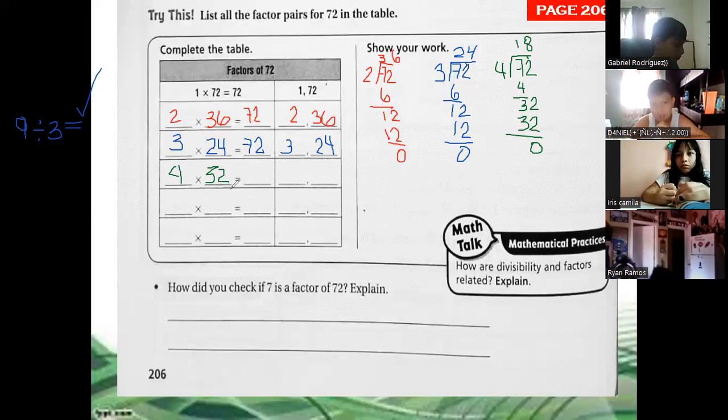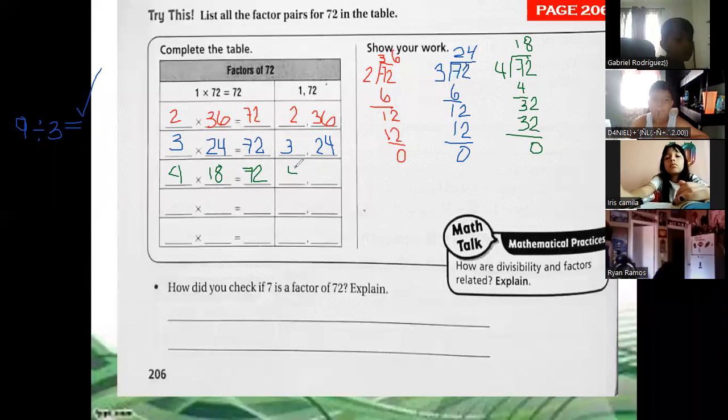Is this 32 okay, class? No. What is the factor? 18. 18 is my quotient here. See, Santiago? 4 times 18 equals 72. So factors here are 4 and 18.